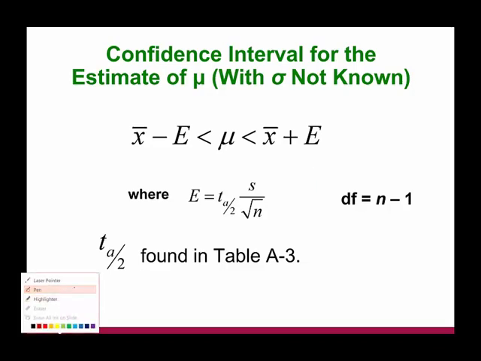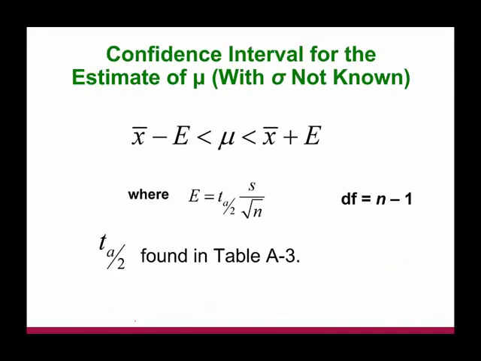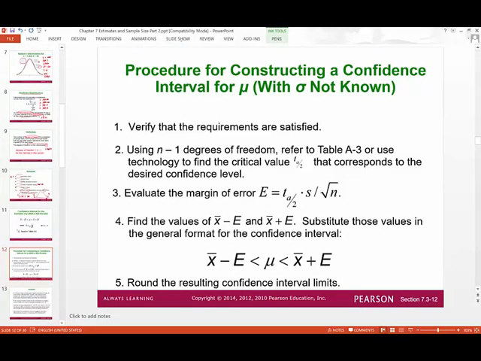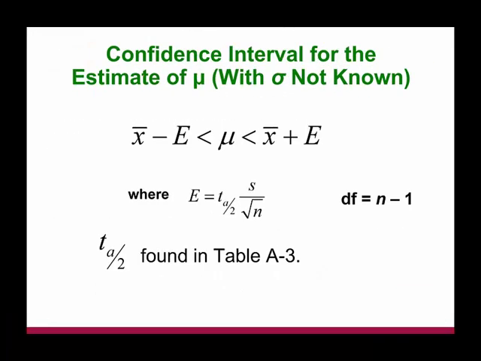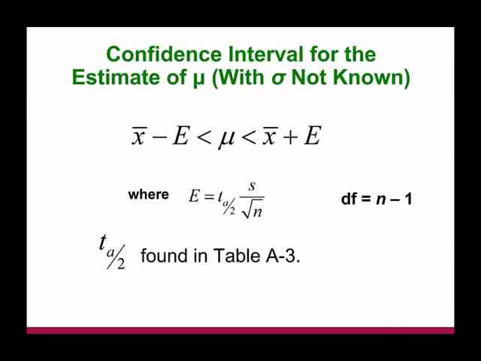And this is the procedure to construct the confidence interval to estimate the population mean mu, sigma unknown.